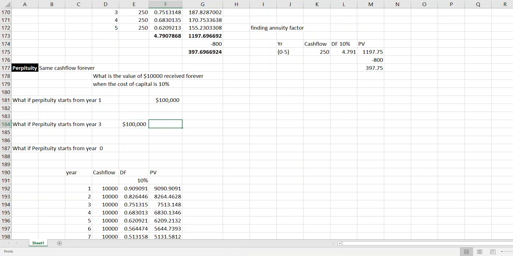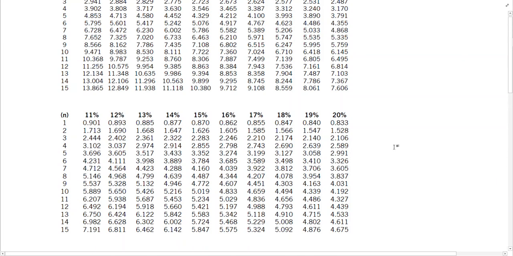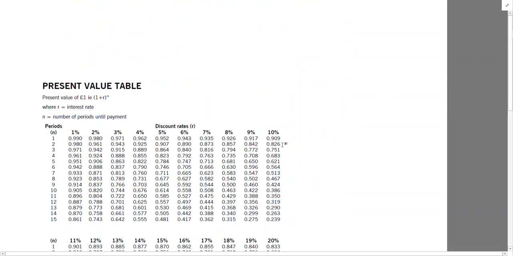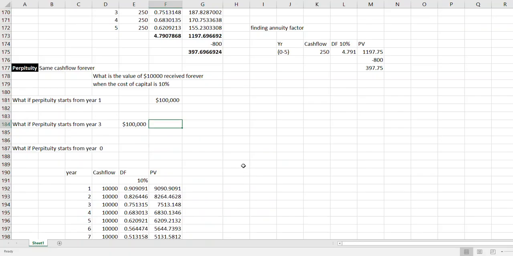So then I will take the discount factor of year 2, which is 0.826, and multiply that. It will give me the value. Now the value of this is less. The more money is in the future, the less its value is going to become.